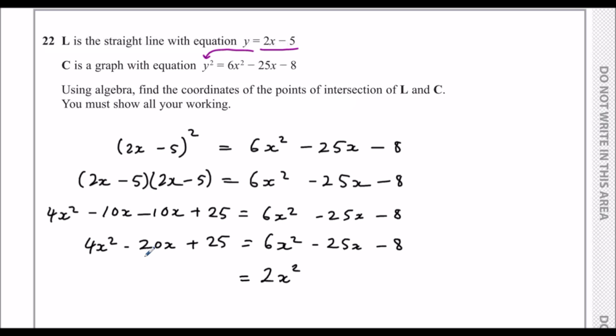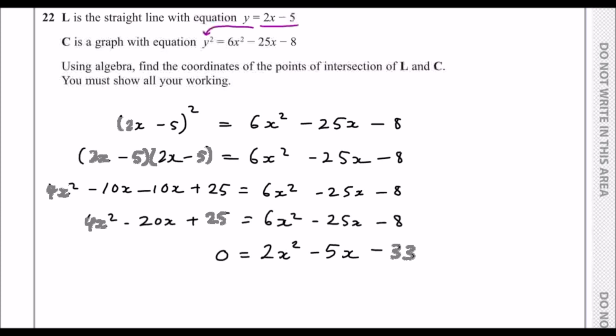I'm going to plus 20x onto both sides. So minus 25x plus 20x is minus 5x. And I'm going to take 25 away from both sides. Negative 8 take away 25 is negative 33. I'm going to solve this equation.